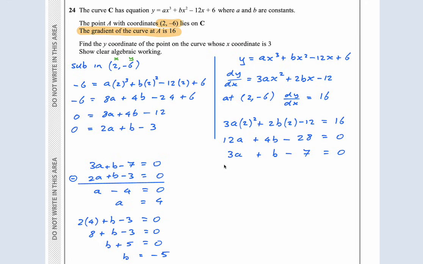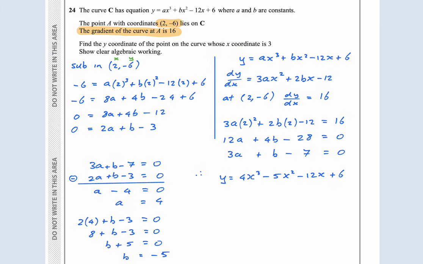So I have b, so I can now write y. So therefore, y is equal to ax cubed, but a is 4, so it's 4x cubed, plus bx squared, but b is minus 5, so I'm going to make it minus 5x squared, minus 12x, that's just the same, plus 6. So that's just this with a and b subbed in.